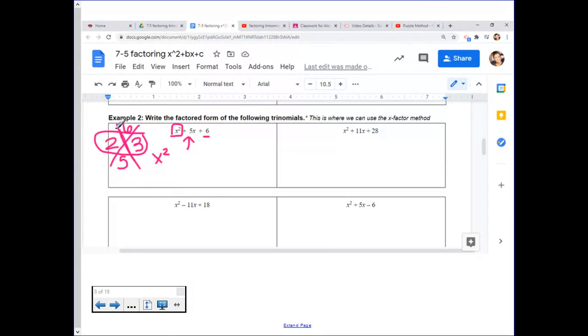We're going to break 5x into 2x plus 3x. And then you'll write your last term at the very end. So what we did was we changed 5x to 2x plus 3x. It means the same thing, but then we'll be able to factor something out.